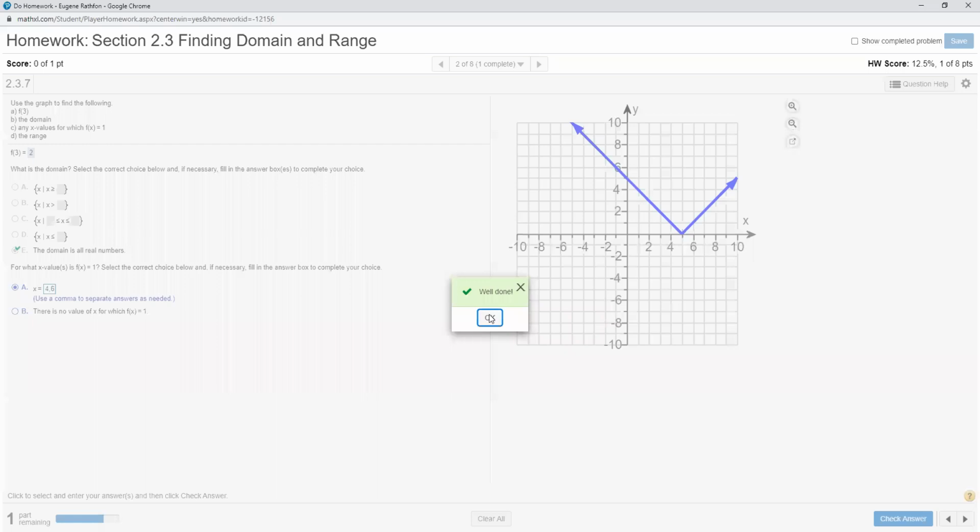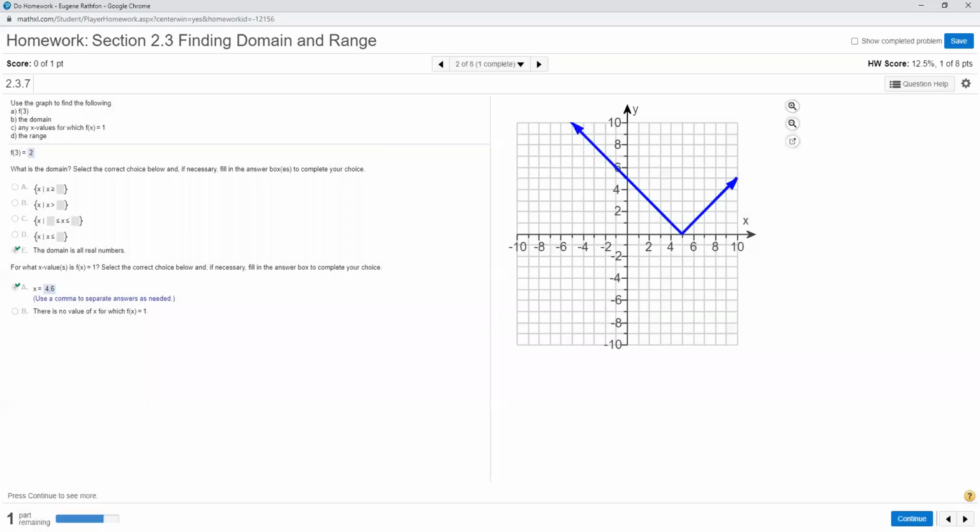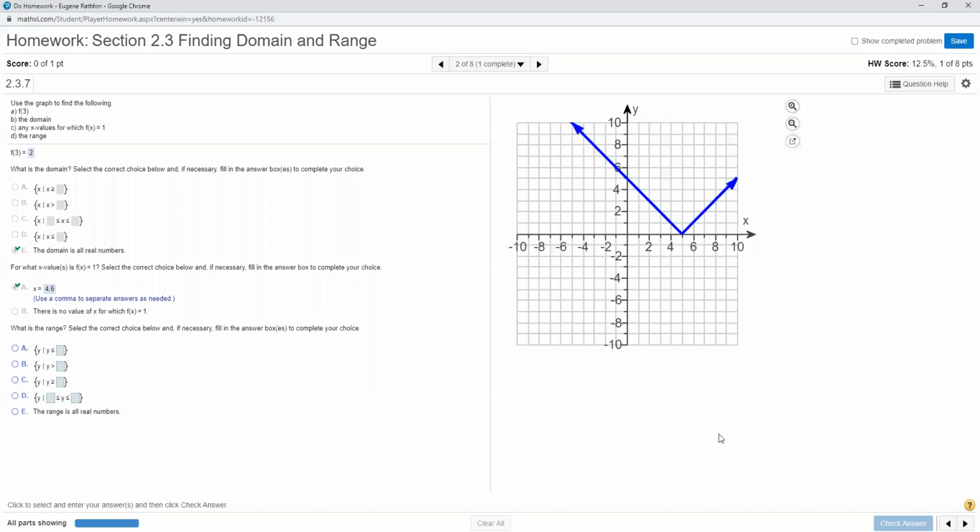And then the range. So the range is the y values. Notice the smallest y value is on the x-axis, which is at 0. And from 0, this thing heads forever. It actually can equal 0, so we're going to use the equals.